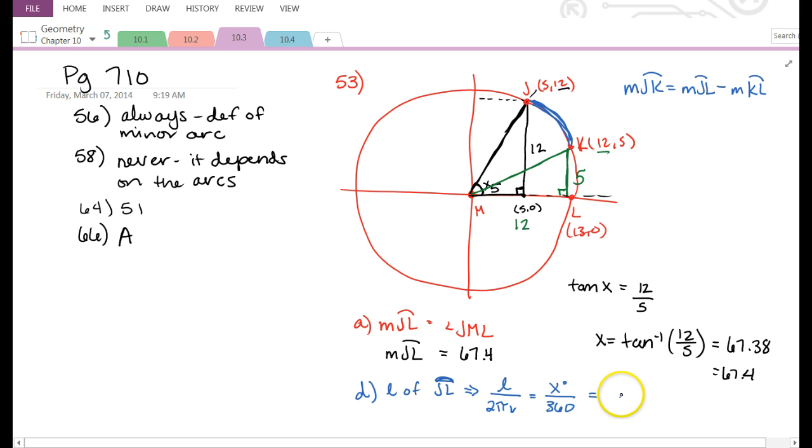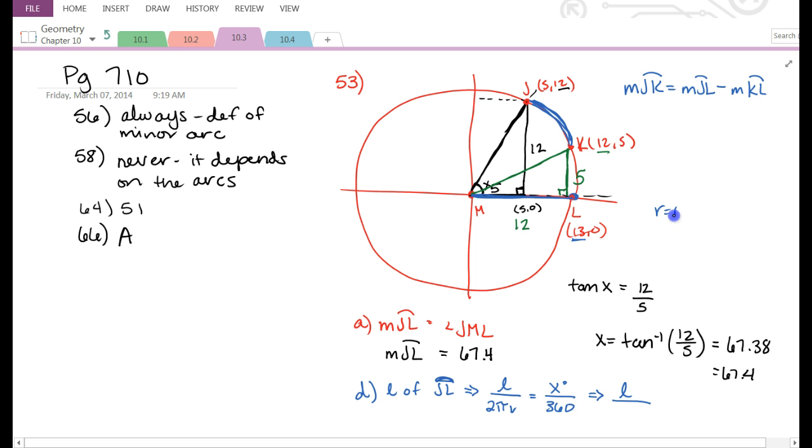So I'm trying to find the length, so I'm trying to find L. Well, my radius, I can look. L is on my circle, and I can clearly see that it's a radius because it goes from M, and it's easy to count. That distance is 13.